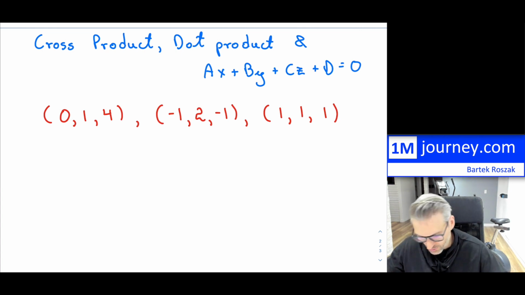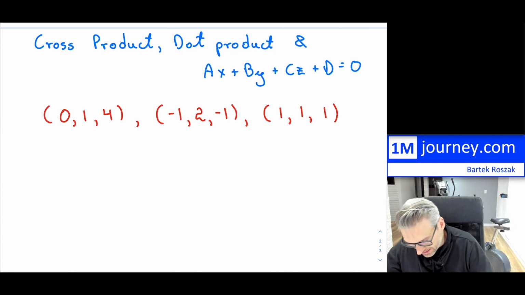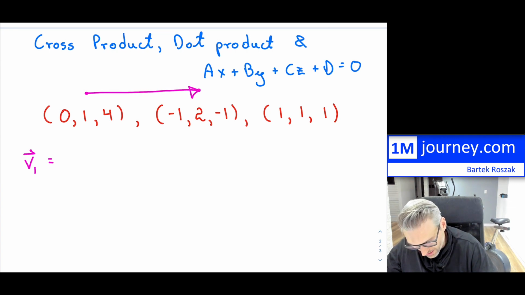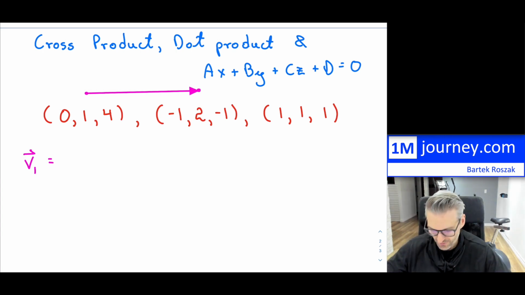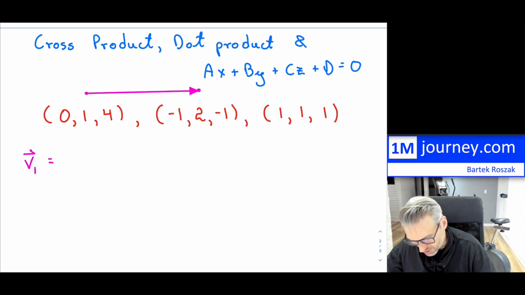So if we don't have a normal, we can of course create our normal. And if you recall, if you do have 3 points, I can literally take and find 2 vectors that are going to be on this plane. And that is done by simply taking, let's say, 1 point and another point, and then going from 1 point to another, right? And then finding the difference in between. And these could be your vectors.